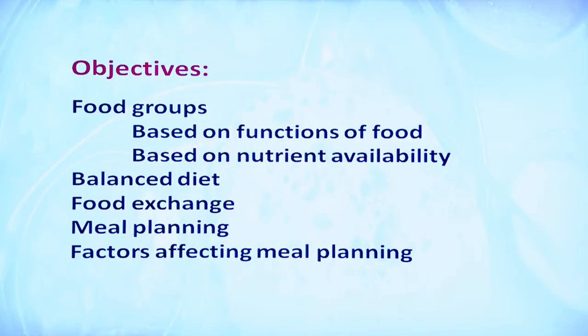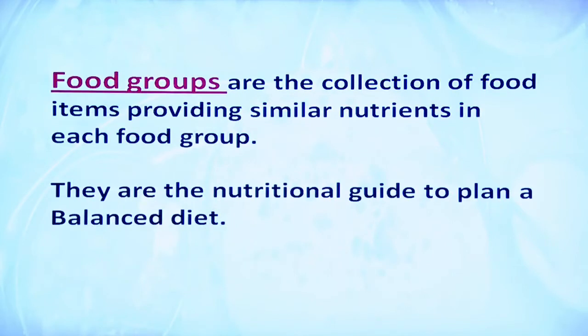Balanced diet is a word which is popular everywhere, but still few people know what it means. So, in this lesson we will learn about the food groups based on the functions of food and nutrient availability, balanced diet, food exchange, meal planning, factors affecting meal planning and the family meals.